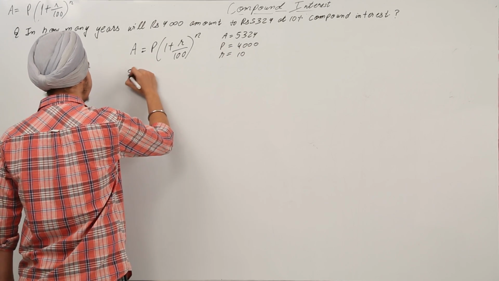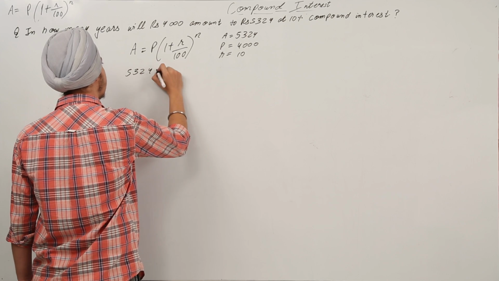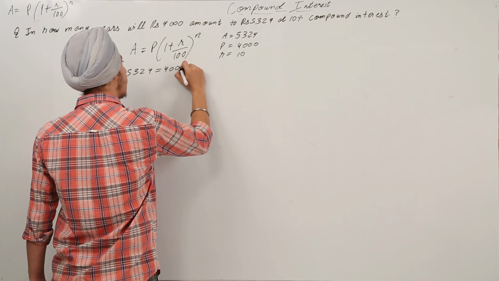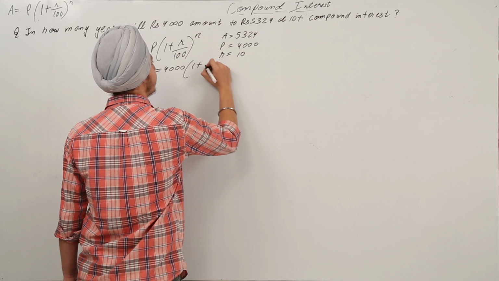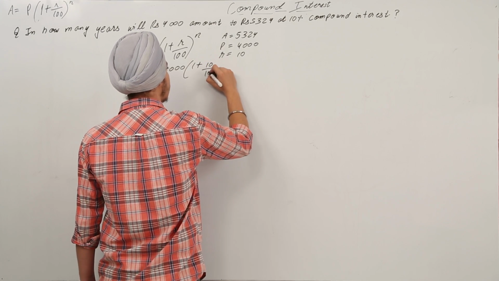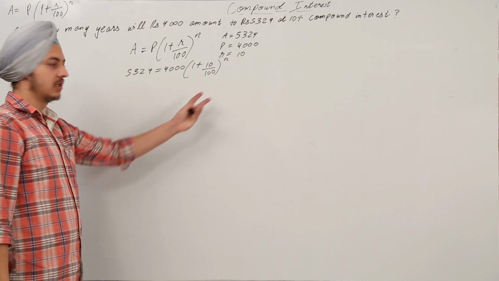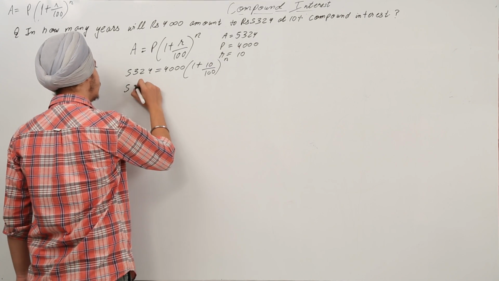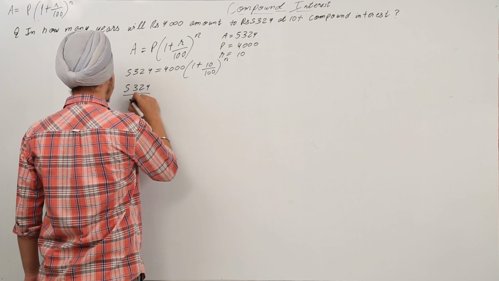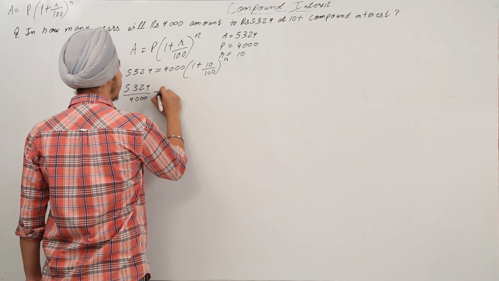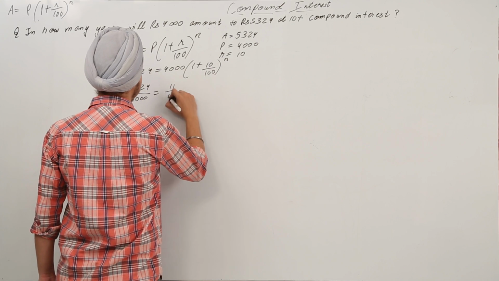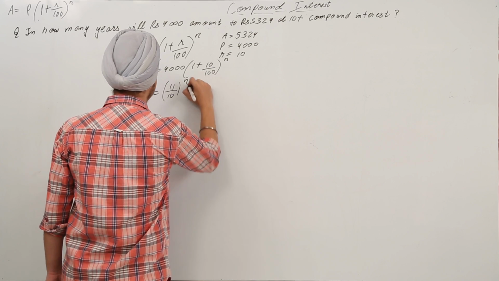So we put all these values over here. We have 5324 upon 4000 equal to (11 by 10) raised to power n.